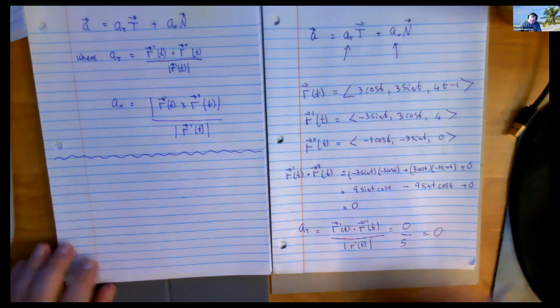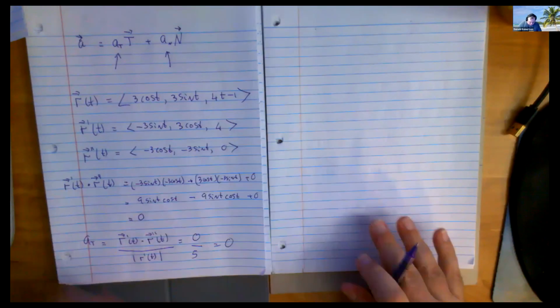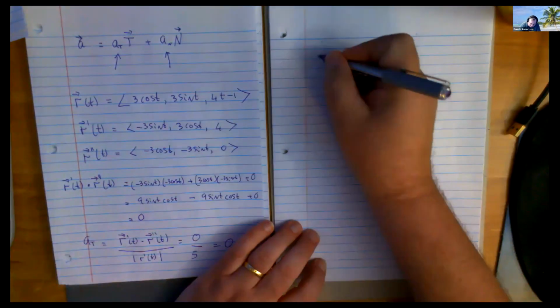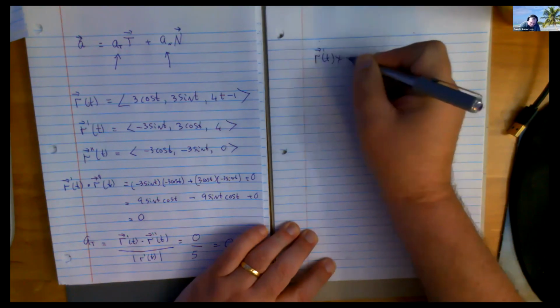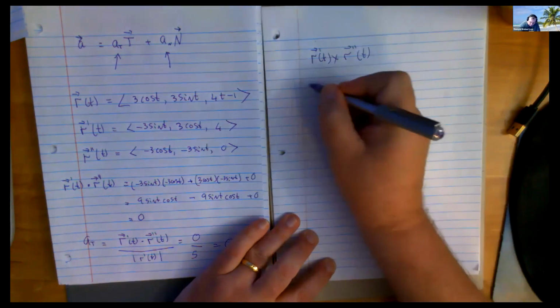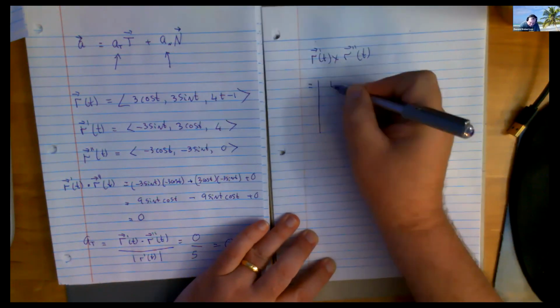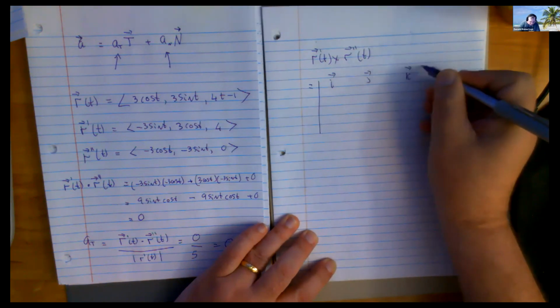Well, let's get the other half of the process. I now need to find the cross product of these two guys. So that's going to be an i, a j, and a k.